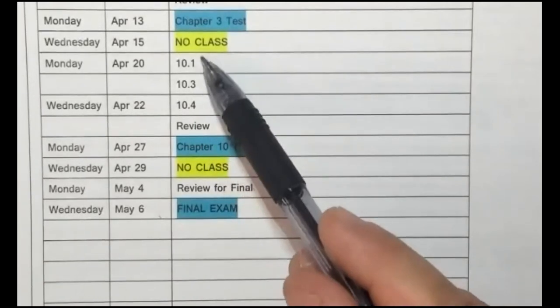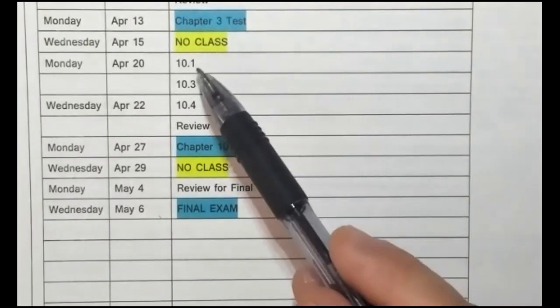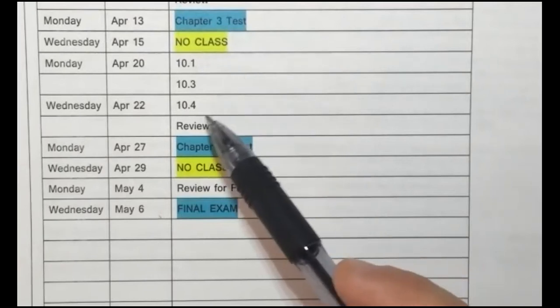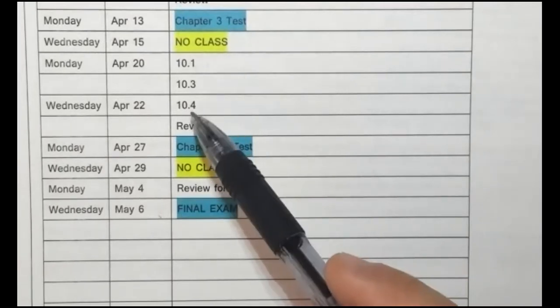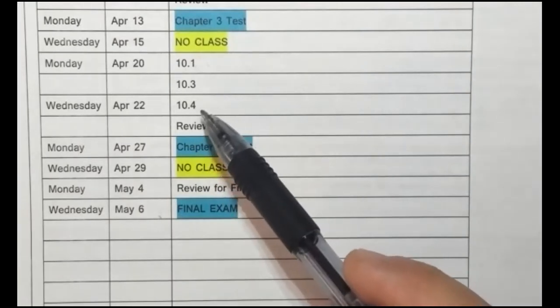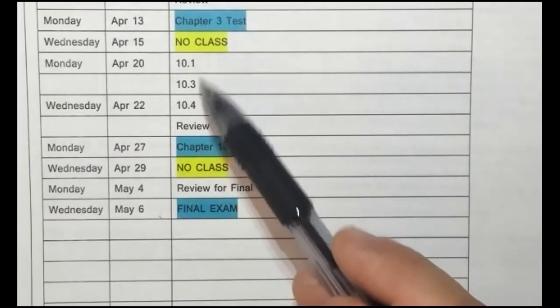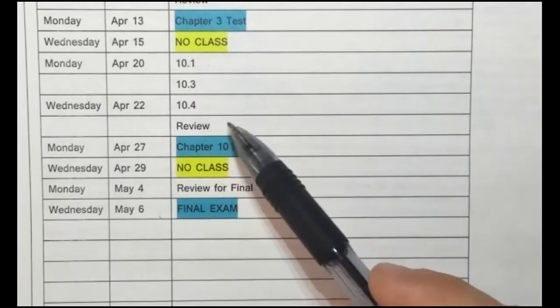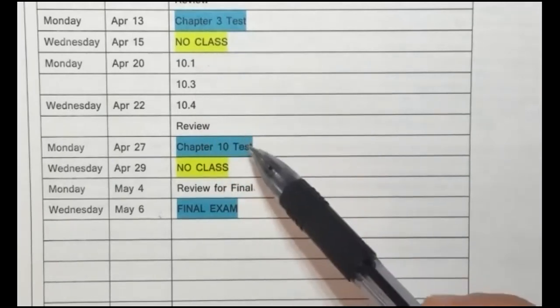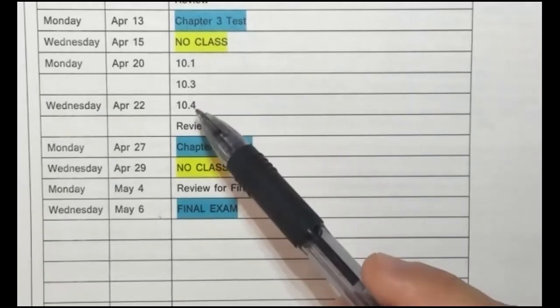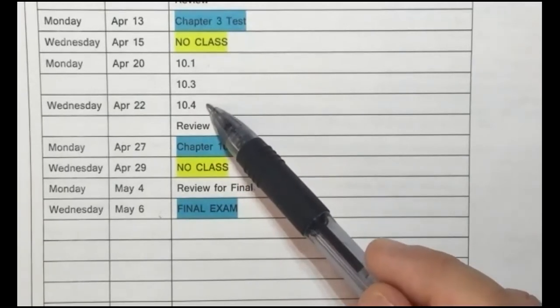On Monday, we talked about 10.1 and 10.3. 10.4 has just a few new concepts, but a lot of it is what you learned in 10.3. So there are 3 sections for the chapter 10 exam. We're covering this last section, 10.4.